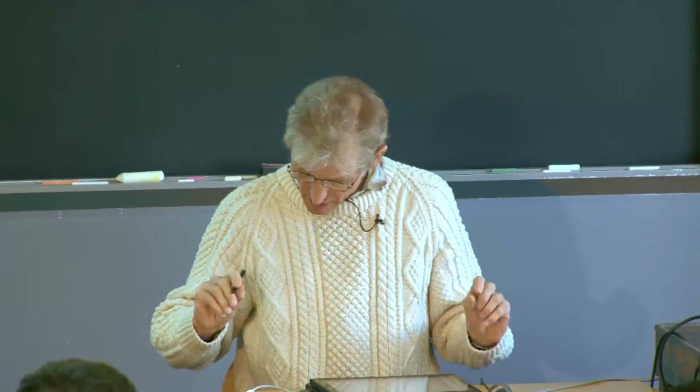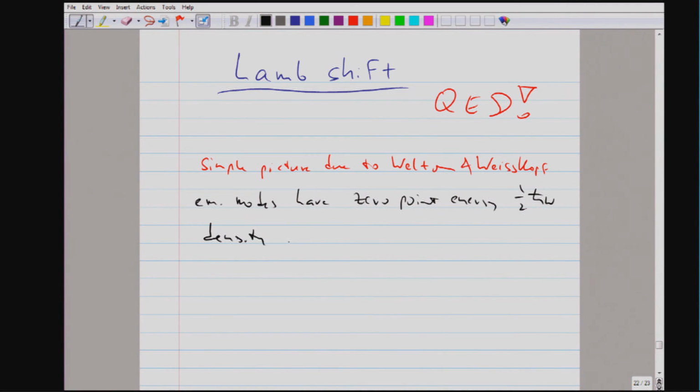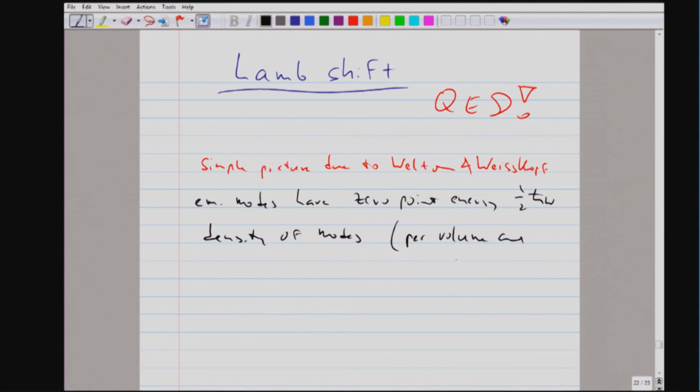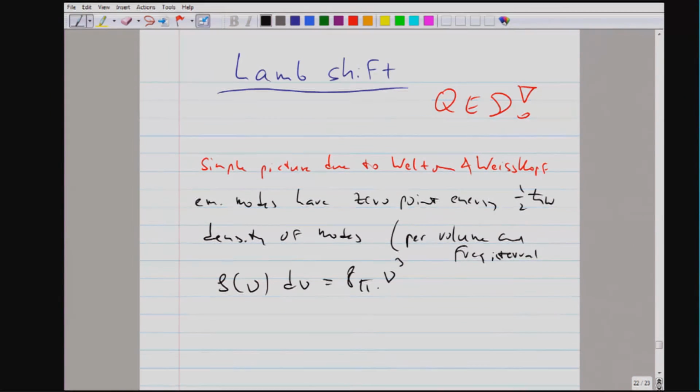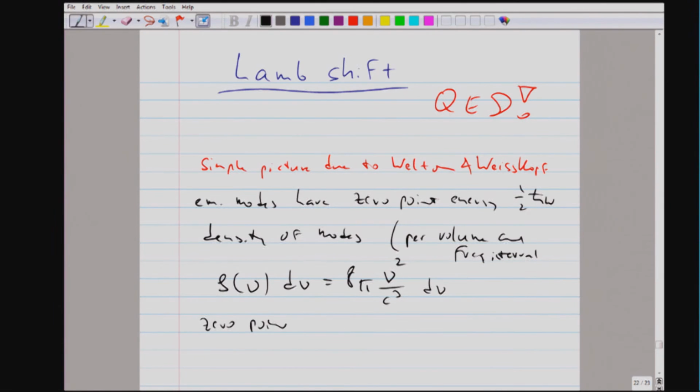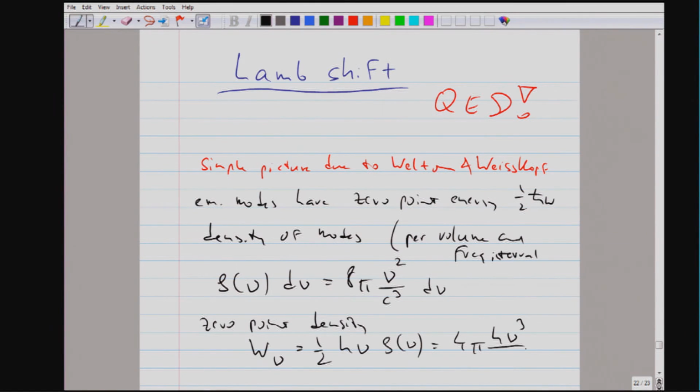Okay, so it's 1/2 h bar omega per mode. We have to use the density of modes, and the density is, of course, per unit volume and frequency interval. Nu is the frequency, and you probably remember that the density of modes scales with frequency squared. That means the density of the zero-point energy is 1/2 h nu per mode times the mode density, and this means it scales now with nu cubed, the frequency cubed.